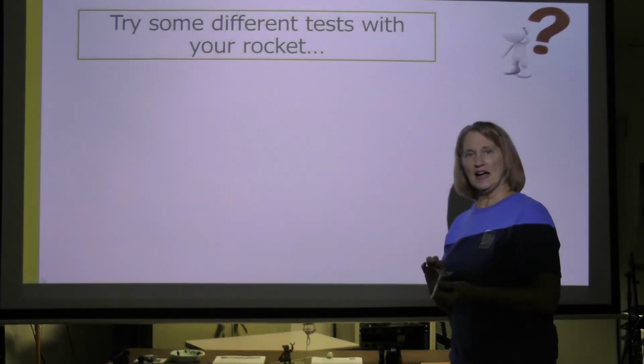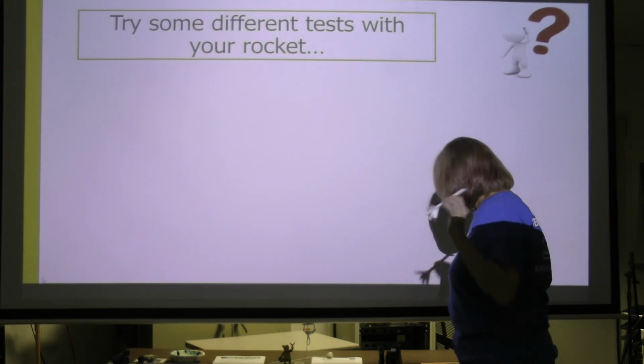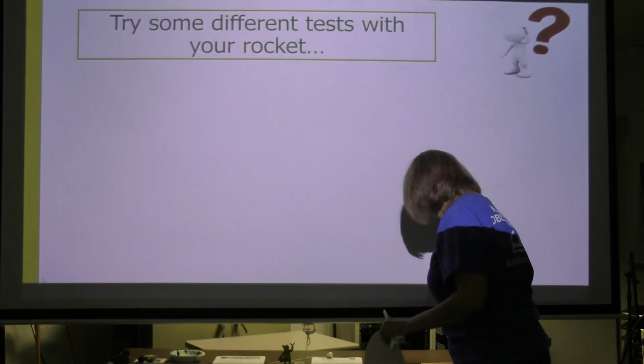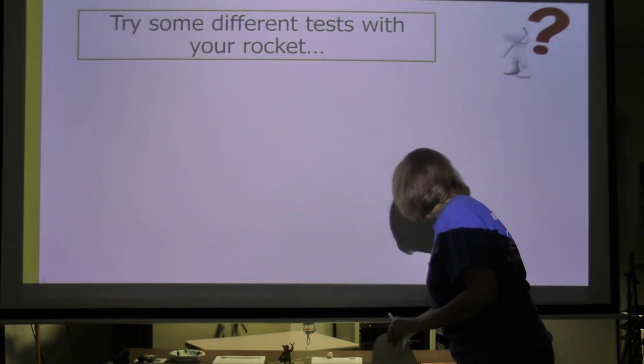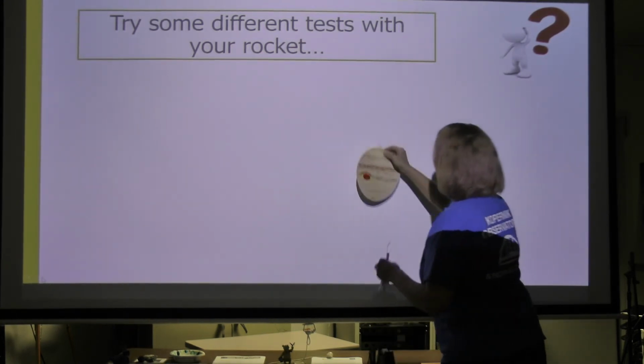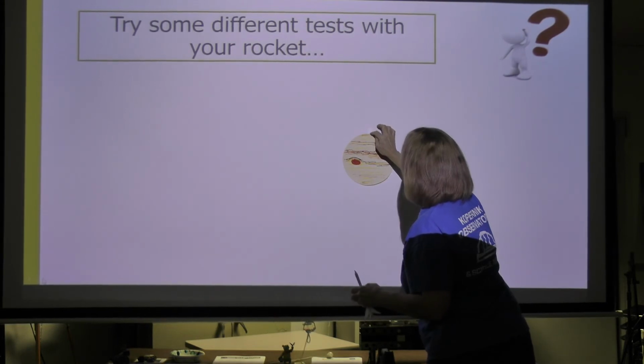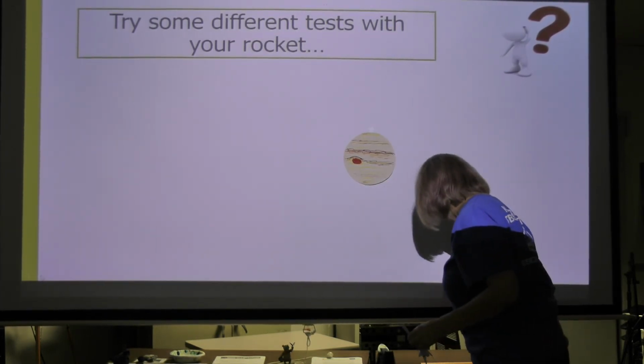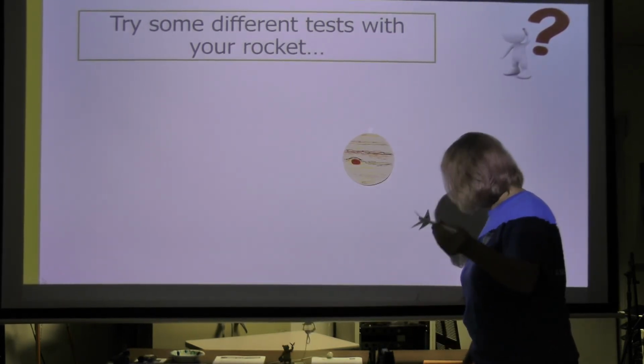Okay, well, welcome back. I hope you have your rocket and your targets ready, and we'll get started using our rockets. I'm going to tape my target right here, and I have my straw.